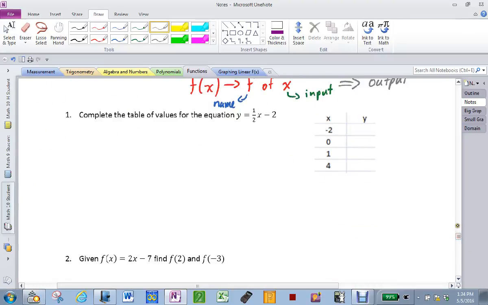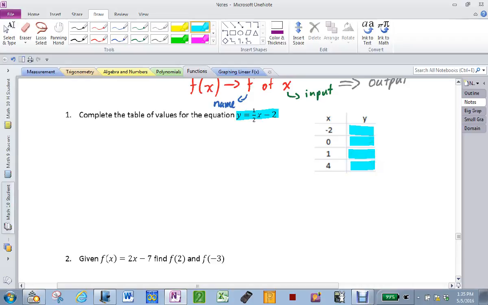So now, looking at this equation right here, this is in the notation that we are used to, isn't it? It's got x's and y's. We've got a table of values with x's and y's. How do you fill this in? What do you have to do with this in order to fill in the blanks?